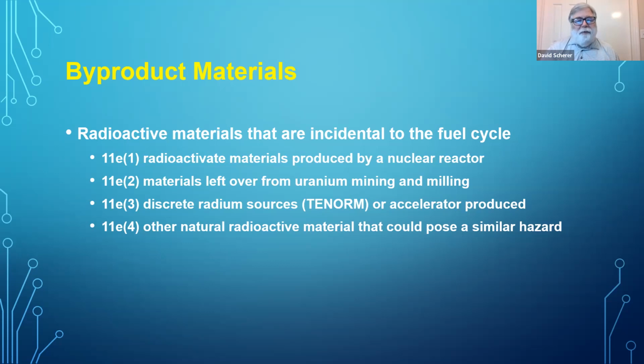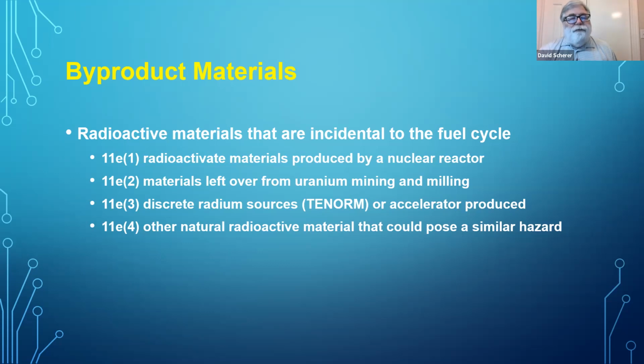NORM stands for naturally occurring radioactive material, and that waste produced from this non-nuclear process, just mining for different elements, is now regulated by the Nuclear Regulatory Commission. In addition, when these rules were changed, they also added accelerator-produced isotopes in the definition of byproduct materials. So all of the materials that Sonia's accelerators produce at Curium are governed by the NRC.